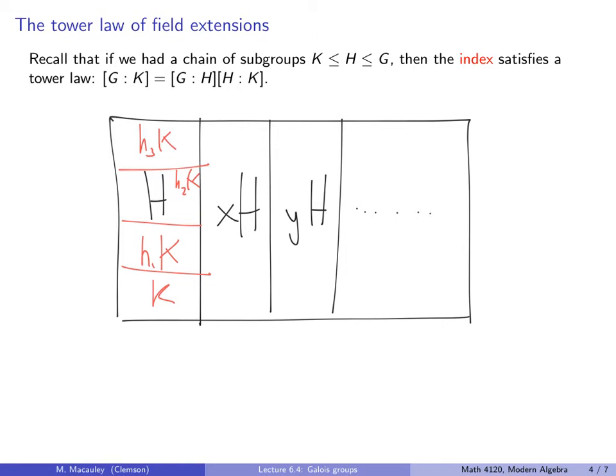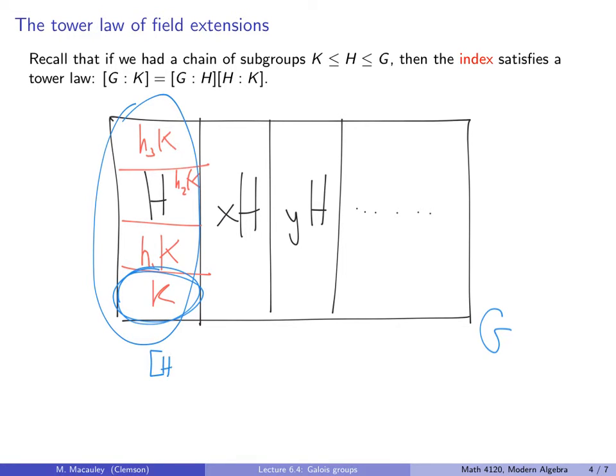So the number of cosets of K in G is the product. It's the number of cosets of K in H, which is this. How many cosets of K in this little rectangle are there?